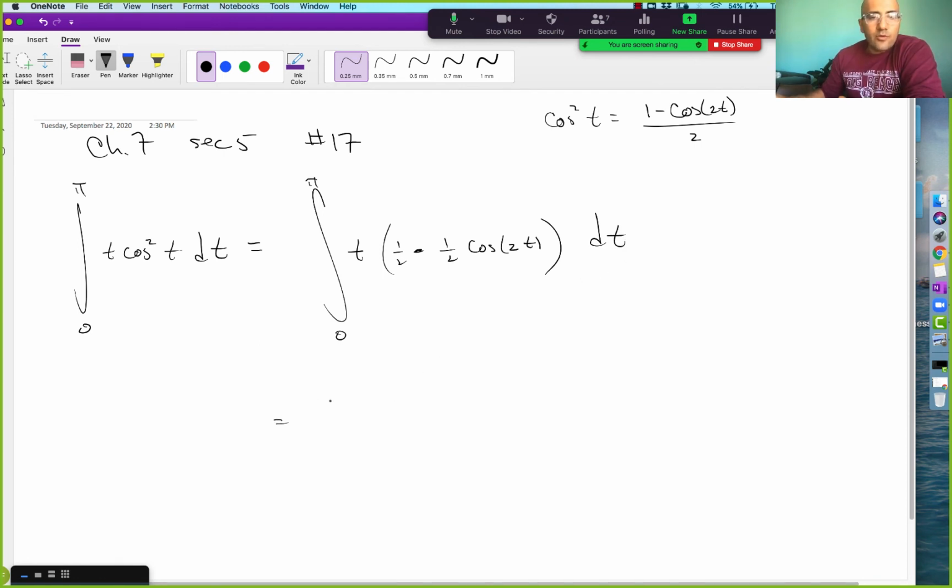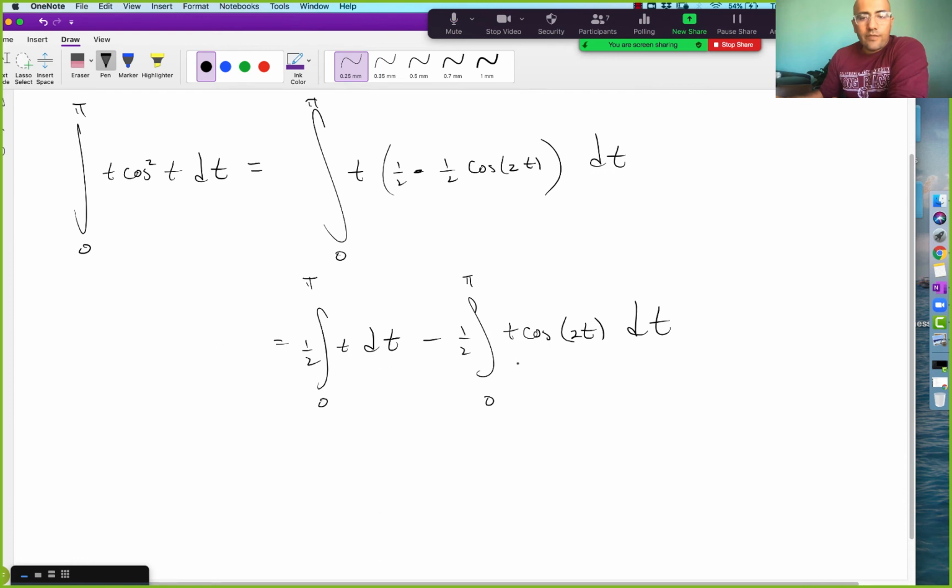And then when I distribute this, I'll get the integral from 0 to pi of 1/2 t dt, minus another 1/2 integral from 0 to pi of t cosine of 2t dt.